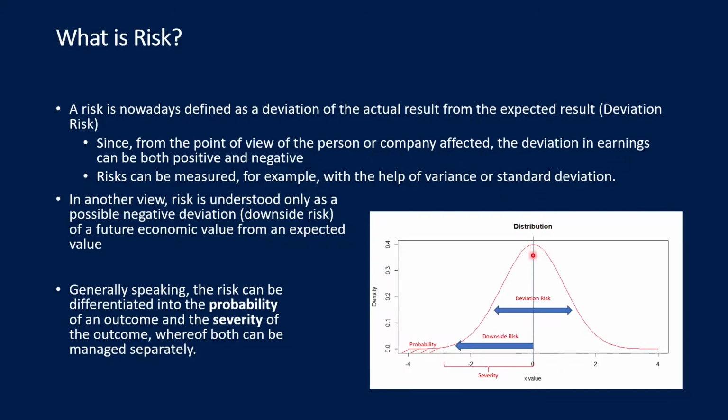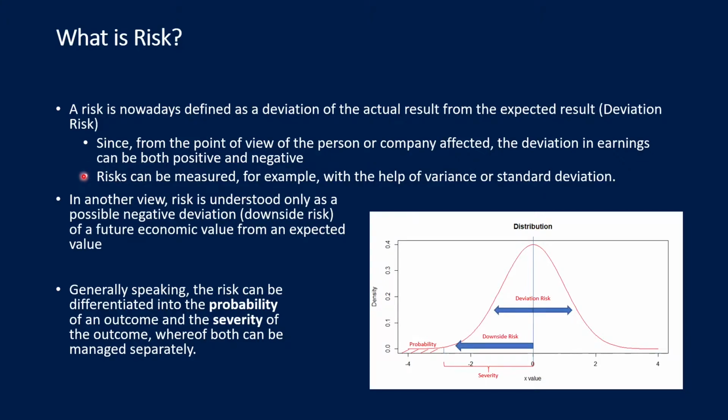And in the middle we have the expected value, and a deviation, whether it is negative or positive, is understood as a deviation risk. So, since from the point of view of the person or company affected, the deviation in earnings can be both positive or negative.